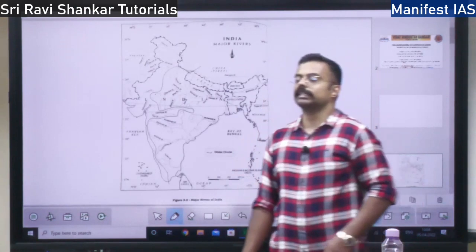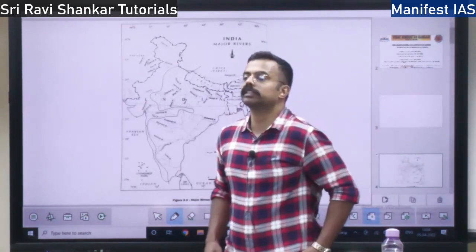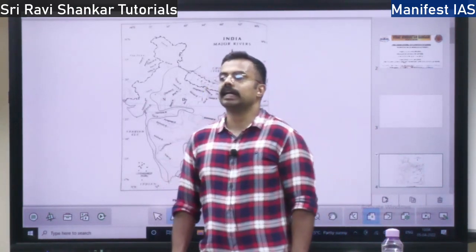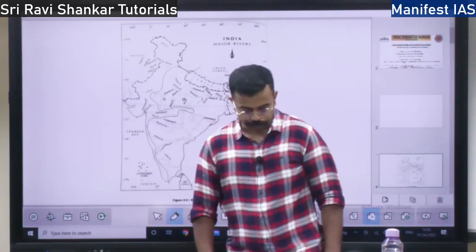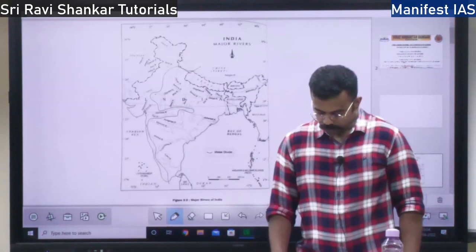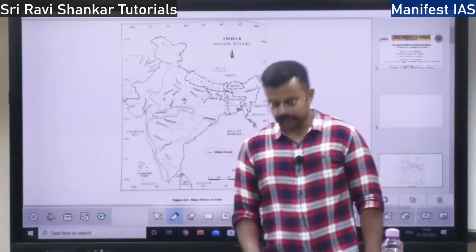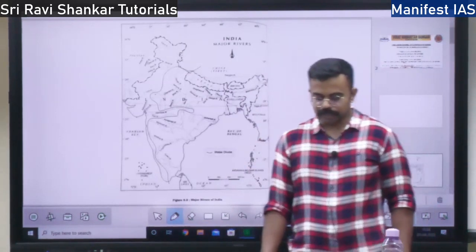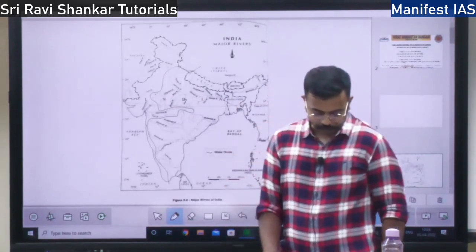Where is the Satopanth Glacier? You have heard about the Badrinath region. That is where the Alaknanda River originates, right? This Alaknanda has various tributaries like Vishnu Ganga, Pindar and Mandakini, not very important.